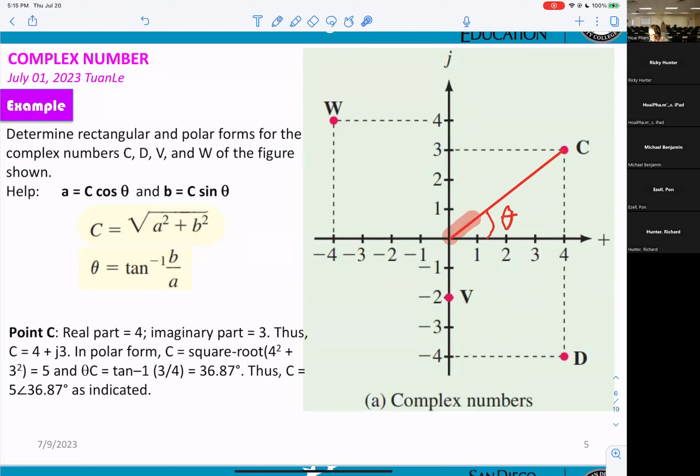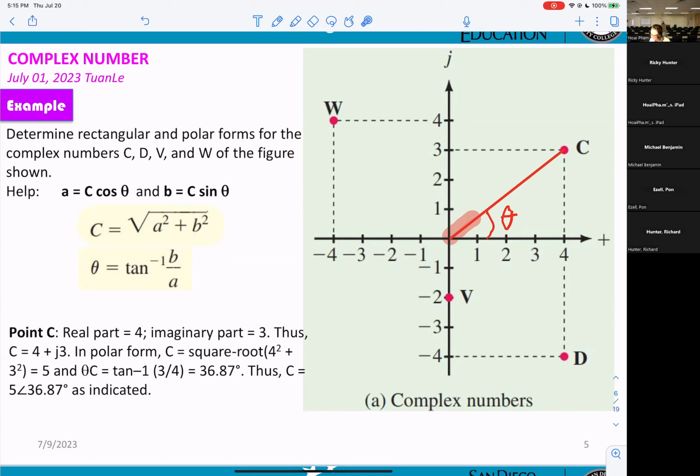Now for the polar form, you have to calculate the value for C. C will be the square root of 4 squared plus 3 squared. You get 5. And you can also get the angle theta, tan minus 1 of 3 divided by 4, which is 36.87 degrees.